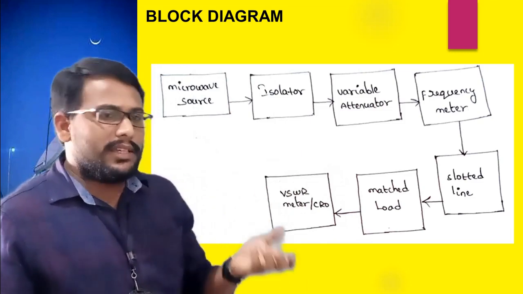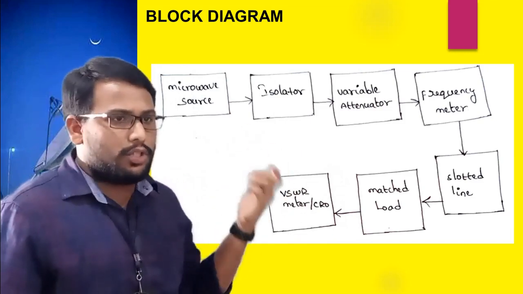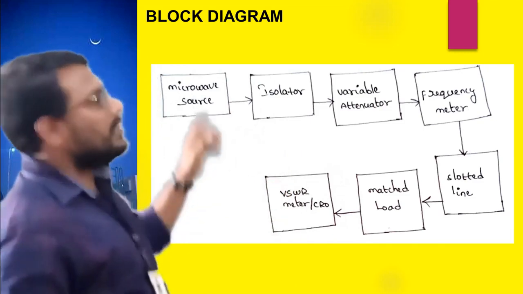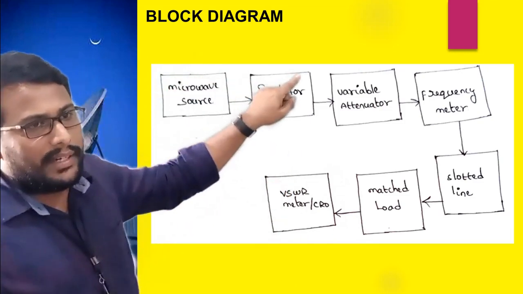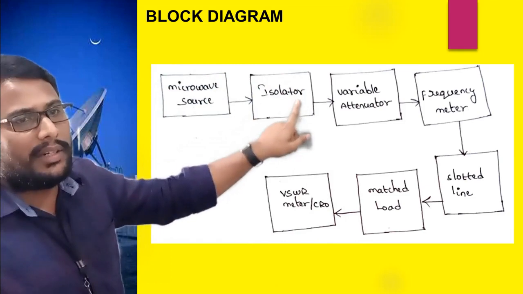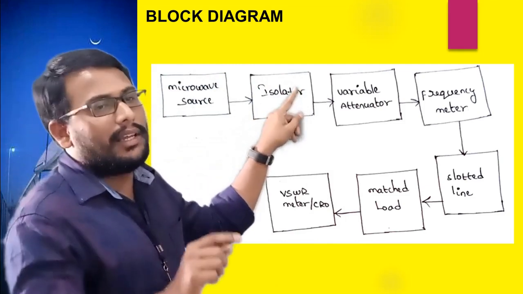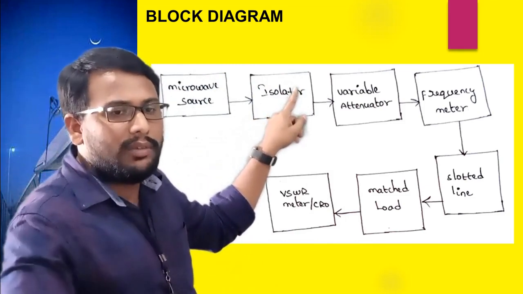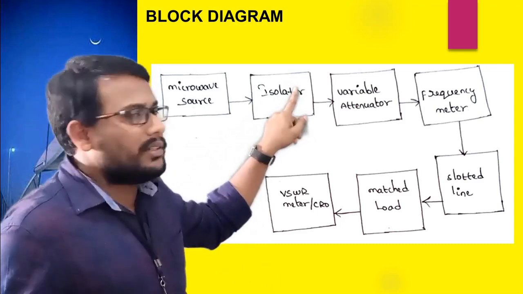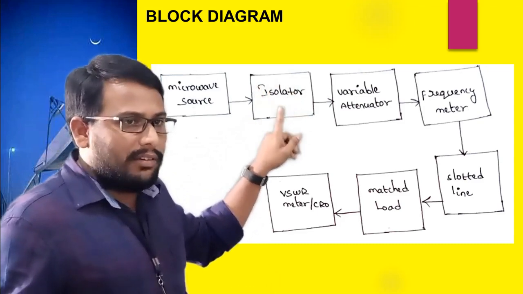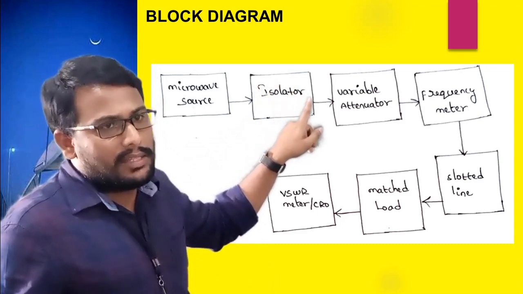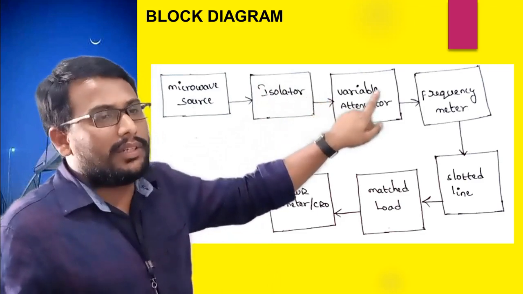Microwave energy is generated by the klystron tube, and that energy passes through the isolator. The purpose of the isolator is that it redirects the energy into one particular direction, the forward direction. So microwave energy passes through the isolator to the variable attenuator.